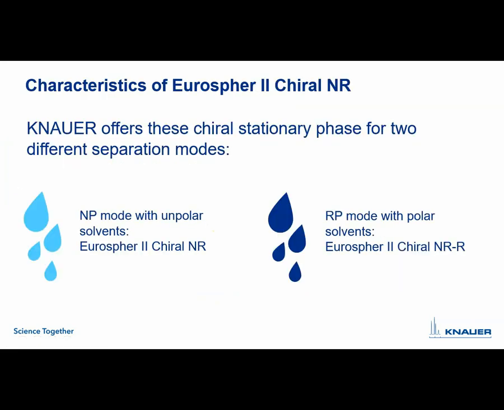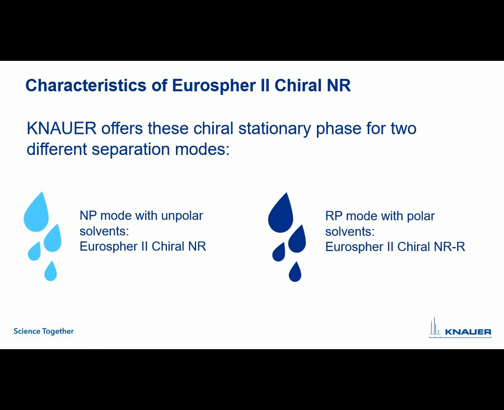The characteristics, again: we have one Chiral NR phase for normal phase solvents and one for polar solvents like reversed phase solvents. And here again, the production process is a little bit different, but also the chiral selector is a little bit different.